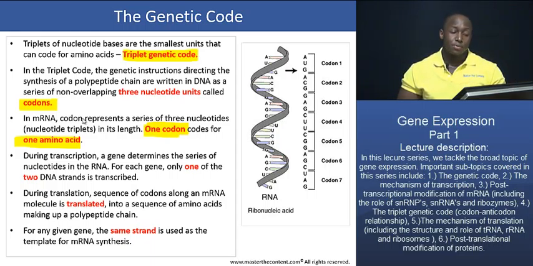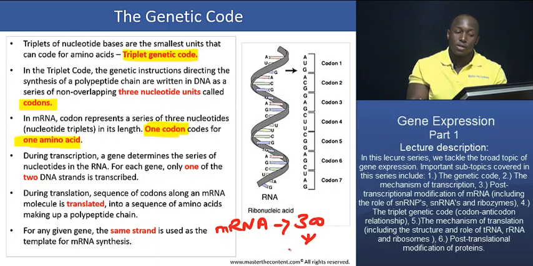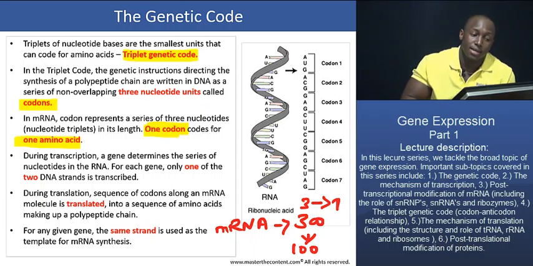To give you an example, if I had an mRNA strand that had about 300 nucleotides, the protein that it would code for would have 100 amino acids in its length, because 3 nucleotides, a triplet, code for 1 amino acid.